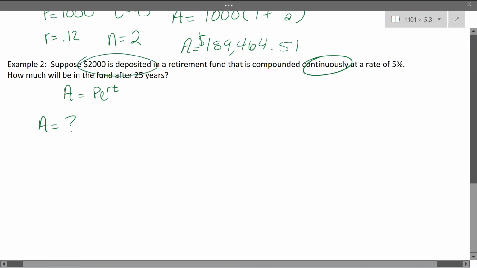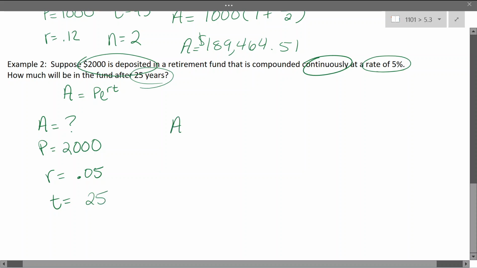We're depositing 2,000, so our P is equal to 2,000. Our rate, R, is equal to 0.05 because it's at a rate of 5%. And our T is going to be 25 because we want to know how much will be in the fund after 25 years.